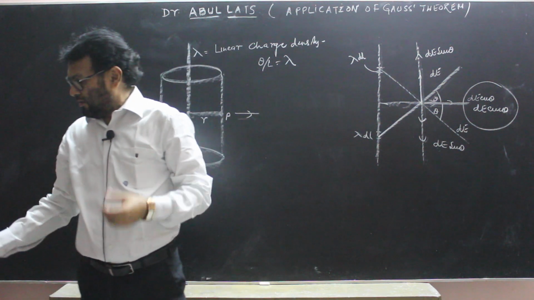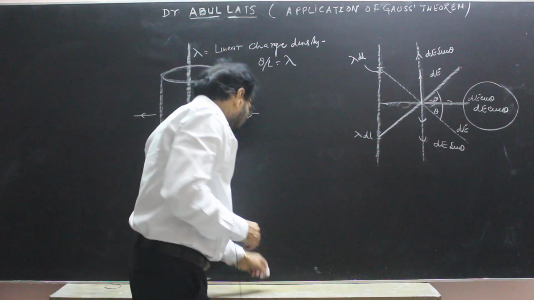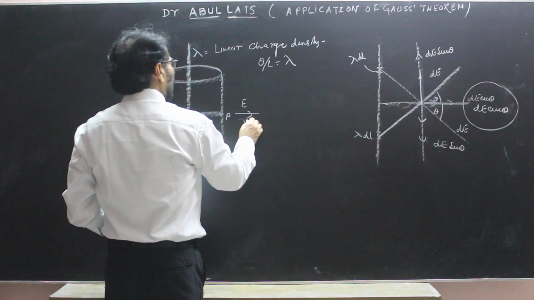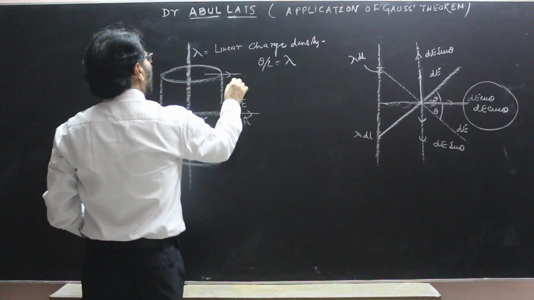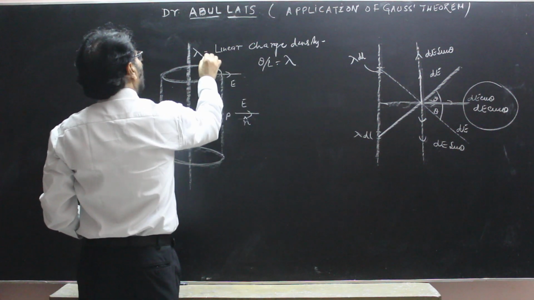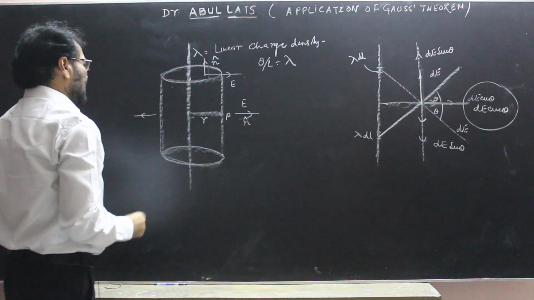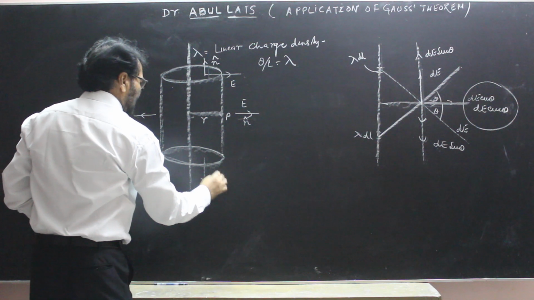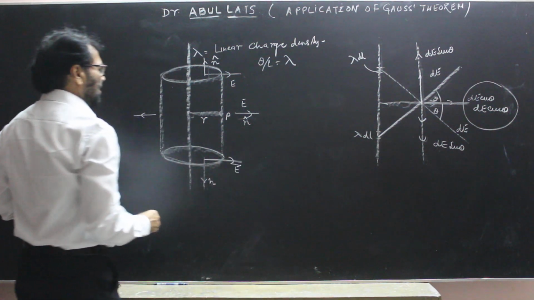So the electric field is parallel to the outward normal for the curved surface, and here the electric field and outward normal are perpendicular to each other.